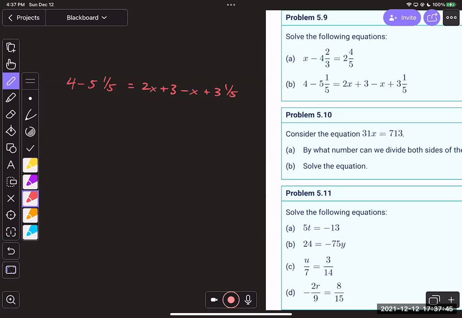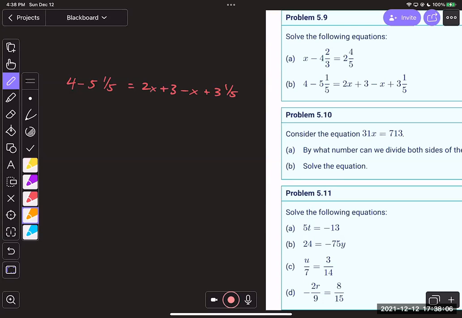So we want to solve for x. What's the first thing? What's the end goal here? Find out what x is. Well, yeah, we do want to find out what x is, but how do we do that? Think about what we did in that last question.